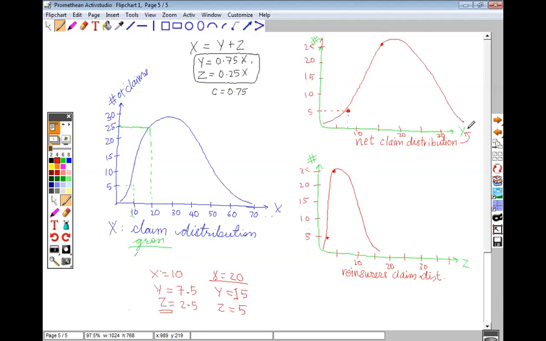Okay, so there will certainly be the difference in the amounts. But again, let us try to see what happens for each and every claim. So if we look at this claim right here, X equal to 10, I know that I have 7.5 and 2.5 here. So number of claims that are being incurred, let's say 5 times, are these. If you add these, you will get 10 here, which is like when you're adding the expectations.